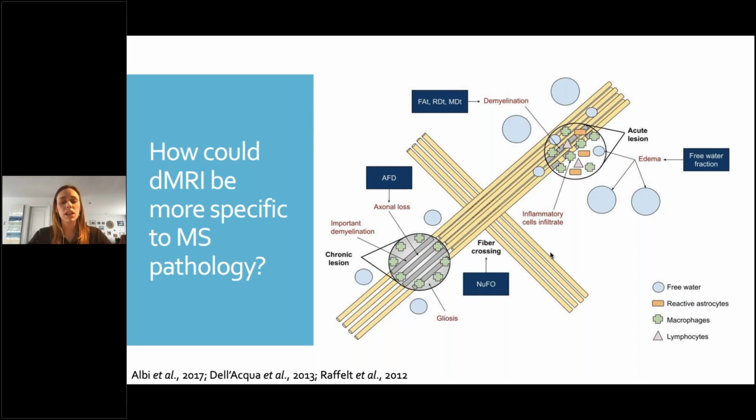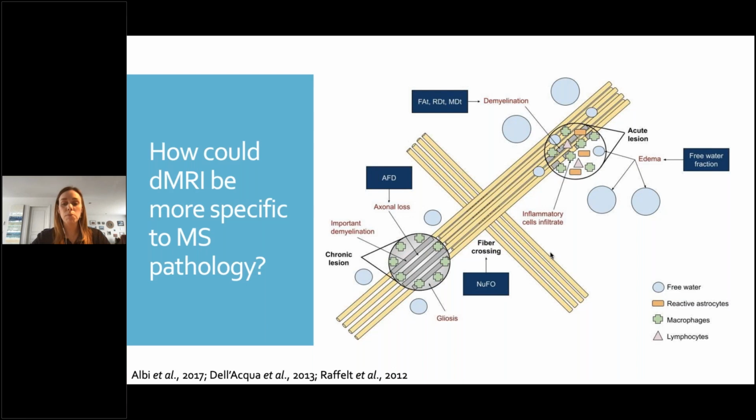Various advanced methodologies have been proposed to address this issue, and I will present today what we did in the lab to address different limitations of the standard DTI method. So first of all, high angular resolution diffusion imaging, or HARDI, was used to address the crossing fiber problem. With HARDI, we can extract some measures like the apparent fiber density.